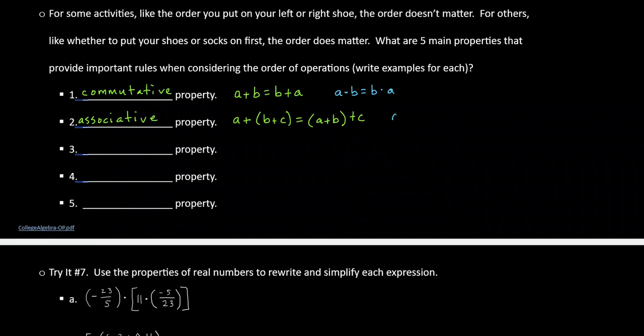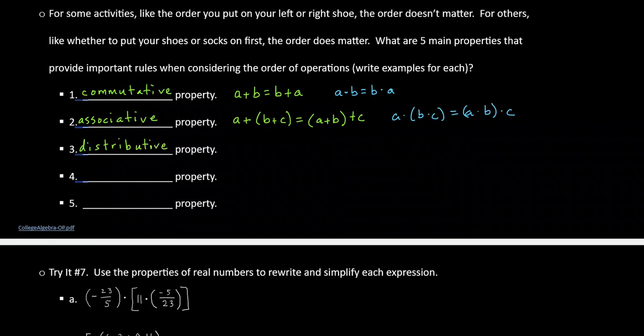A times parentheses B times C is the same thing as parentheses A times B, times C. But notice this is all addition. This is all multiplication for this to be the same. If you start combining, then you got to be a little more careful. If you start combining multiplication and addition together, as the next property gets into, the distributive property.